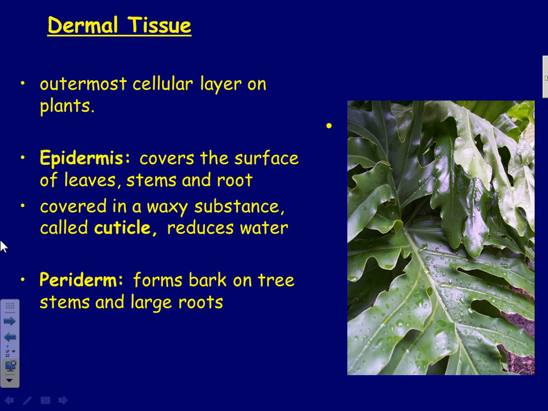and connective tissue and muscle tissue. Plants have tissues that have similar functions. So the first type we're going to talk about here is dermal tissue, and again, it's outer tissue.